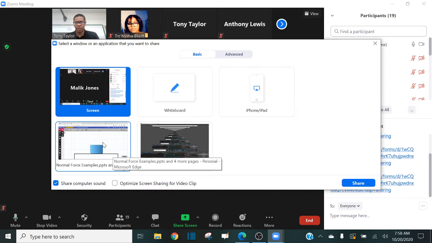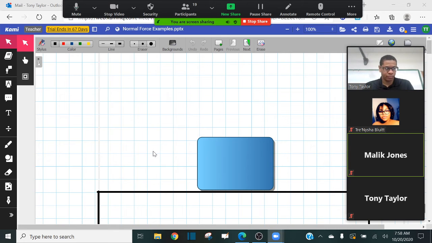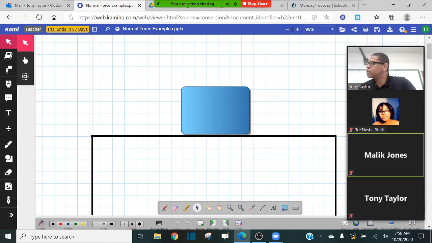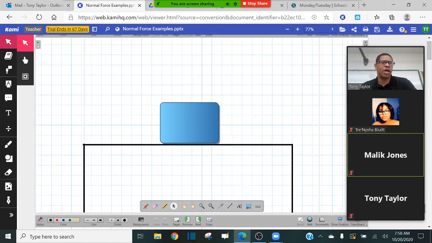Okay, let me get ready to share my screen here. So, guys, we're going to start off easy, and then we're going to gradually move our way up to things that are more complicated. Imagine here that I have a blue box sitting on a table.